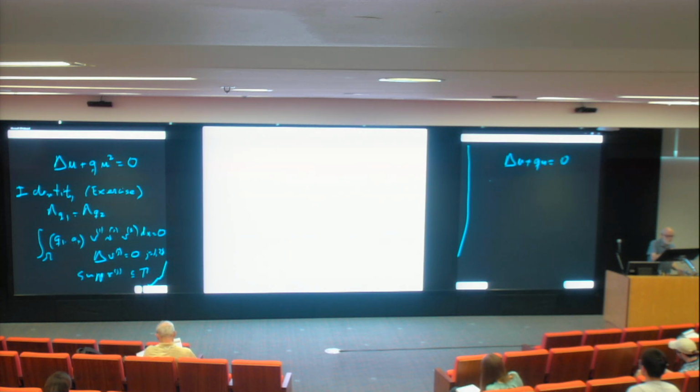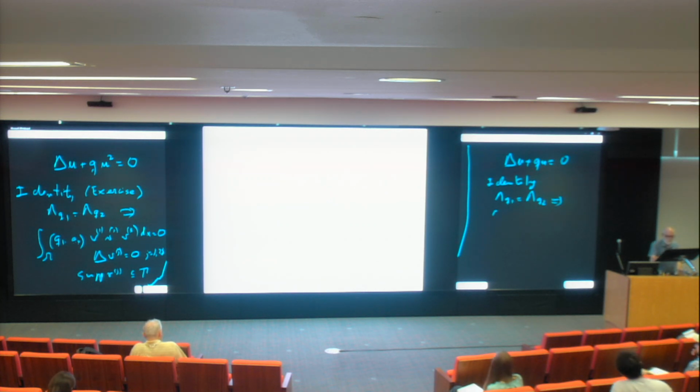So the identity, and I think we showed this, lambda q1 equal to lambda q2, this is the Dirichlet to Neumann map, implies the integral of q1 minus q2, u1, u2 equal to 0, but the ui's are solutions of the equation with the q.